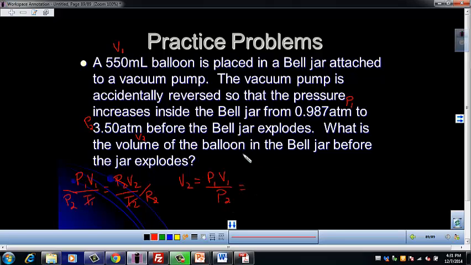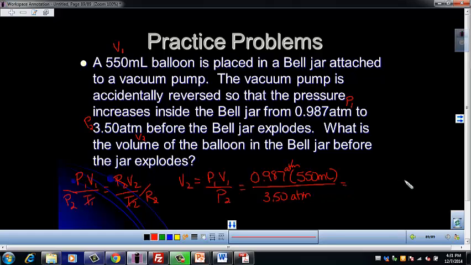And we're going to go ahead and just plug into the equation everything from our problem. So P1 is 0.987 and V1 is 550 milliliters, and P2 is 3.50 atmospheres. I forgot my unit here. All right, so my units will cancel.